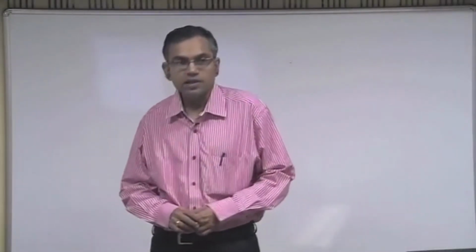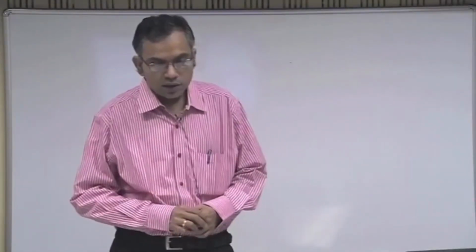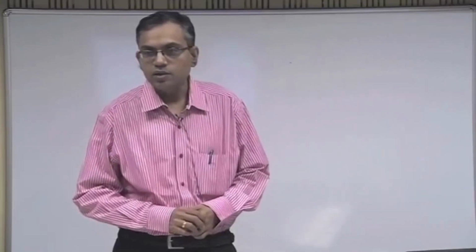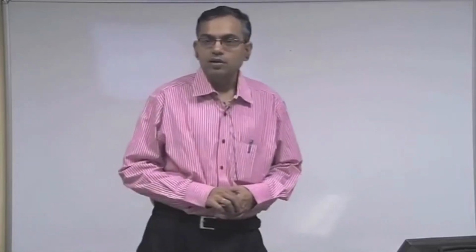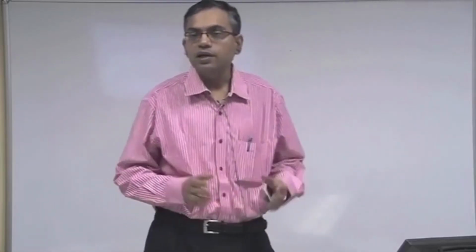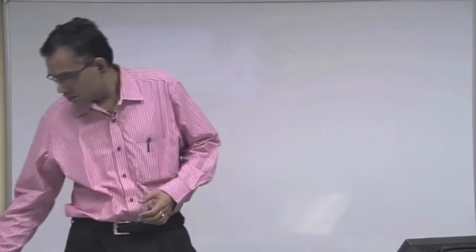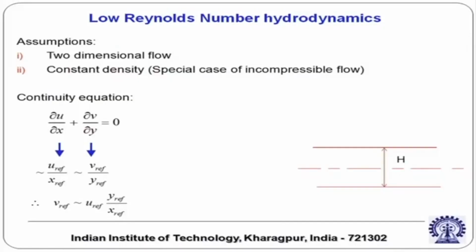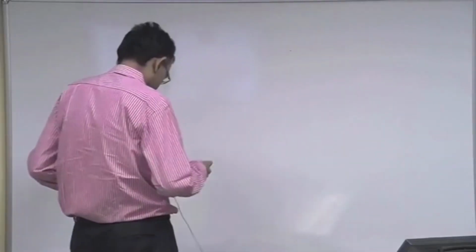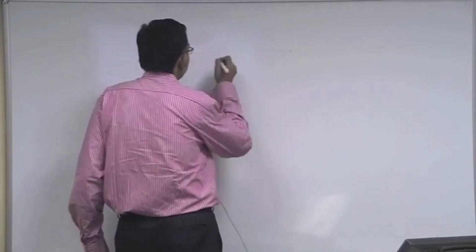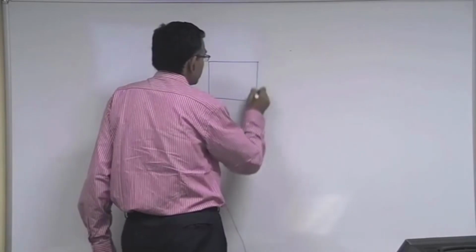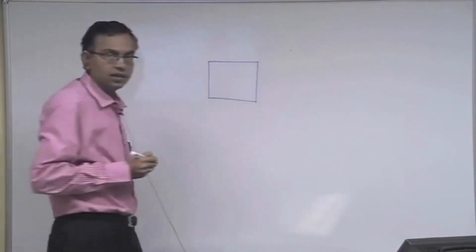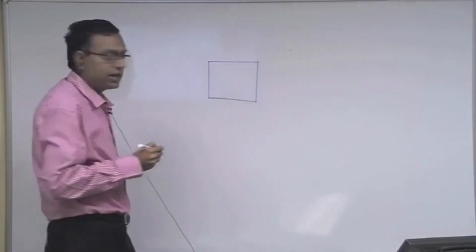In the previous lecture we were discussing the exact solution or analytical solution of a pressure driven fully developed flow through a rectangular channel. Now we will continue with that. So just to recapitulate, this is the cross section of the rectangular channel.